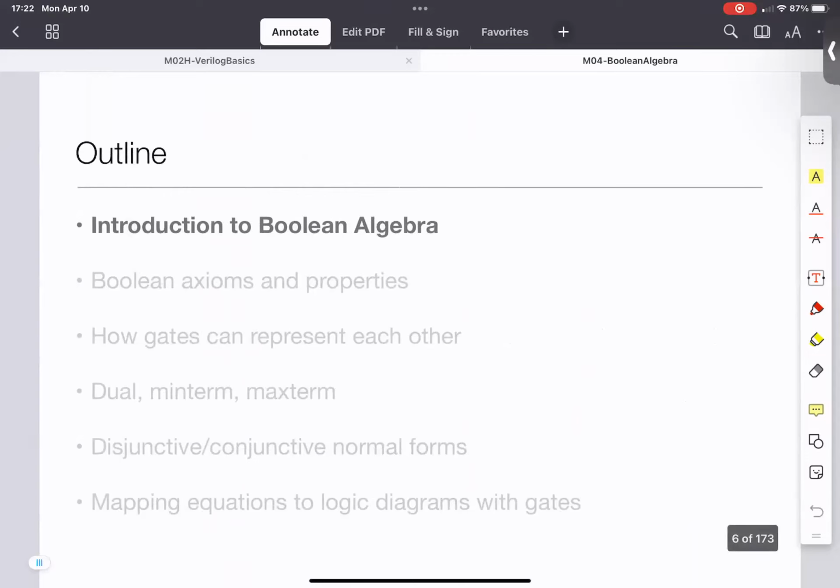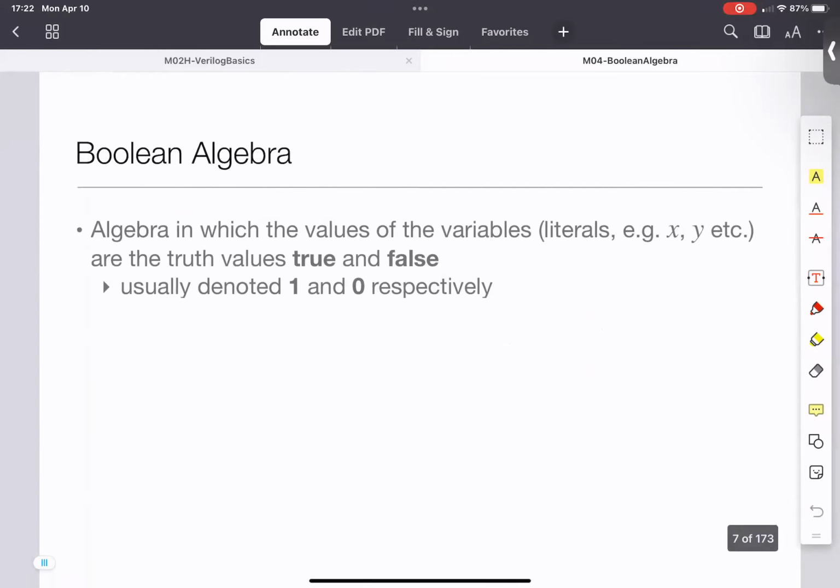Okay, so let's talk about what this Boolean algebra is. It's an algebra where variables can take binary values, two values, 0 and 1, true or false. Usually, as I said earlier, we indicate true with 1 and false with 0, but again, it doesn't have to be. It could be any two values, apple and orange, and that could be a Boolean algebra.